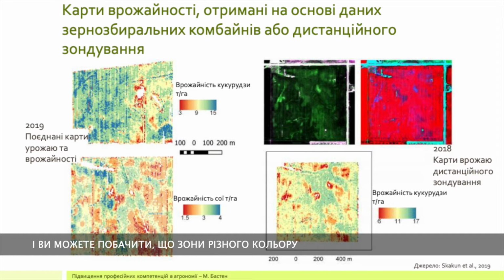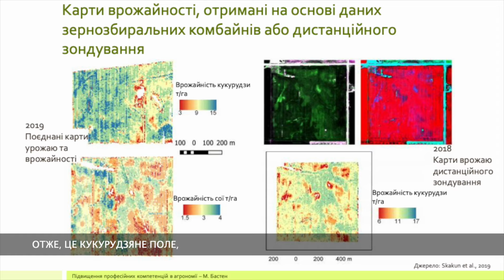And you can see that the zones of different color relate very much to zones of different yield potential. And of course, this different yield potential in corn, in this case, can be addressed with different inputs of seed, fertilizers and pesticides, if you want.